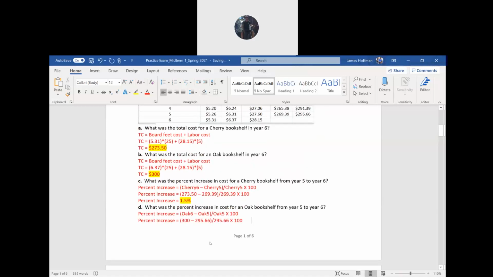So 300 minus 295.66, divided by 295.66, times 100 gives us a percent increase of, let's do this.